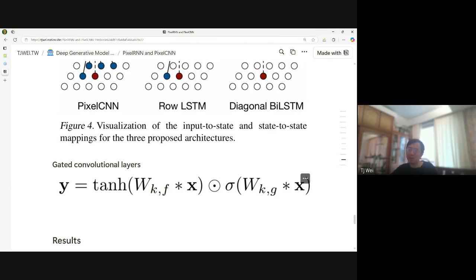One thing in the LSTM that is very unique and interesting is the gating.